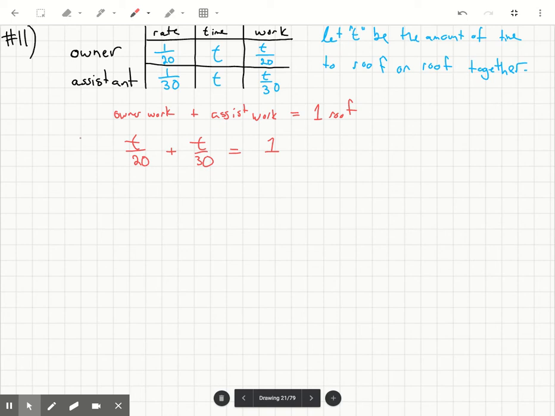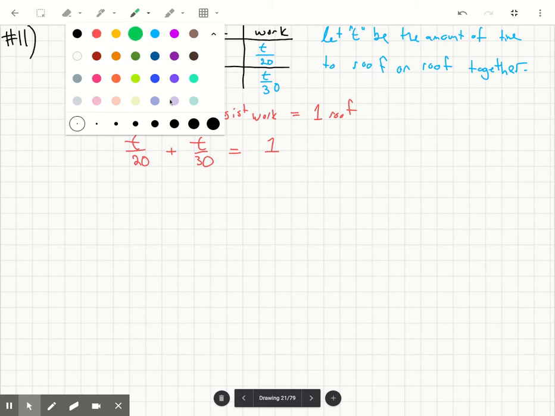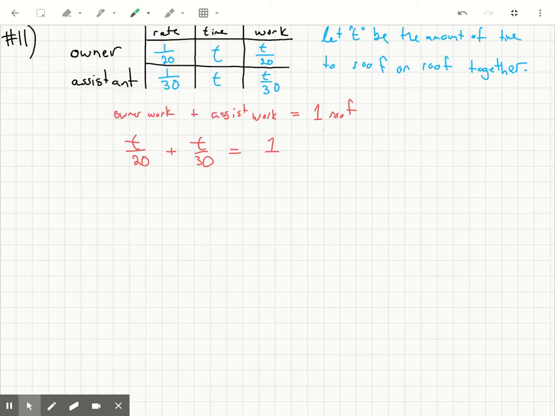Okay, so we have two fractions here, and to clear those fractions, we need to determine the lowest common multiple of the denominators, or the LCD, the lowest common denominator. In this case, it's going to have to be 60, right? So let's go ahead and clear those fractions by multiplying by the LCD.